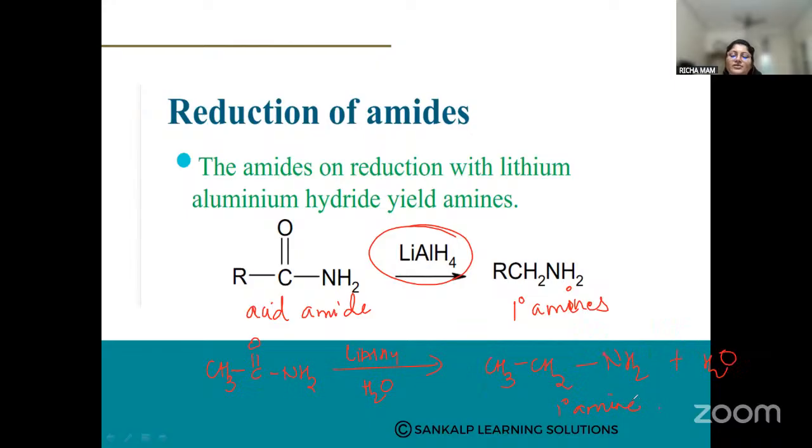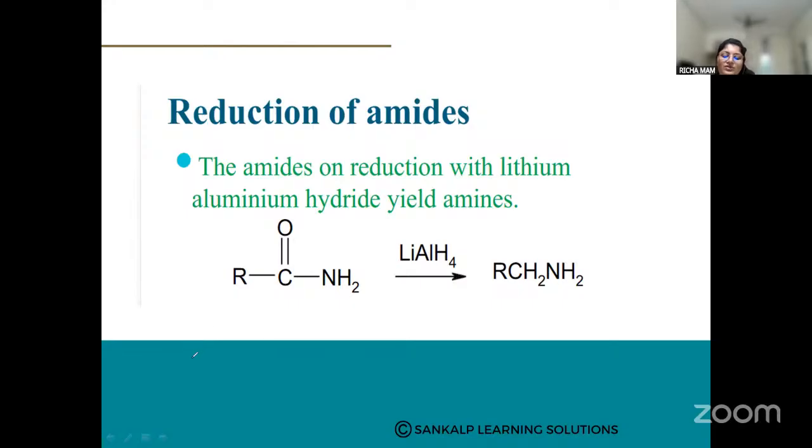Is it clear? CH3CH2NH2 is ethanamine. So acetamide on reduction with lithium aluminum hydride will lead to amines. We have seen it for acetamide.